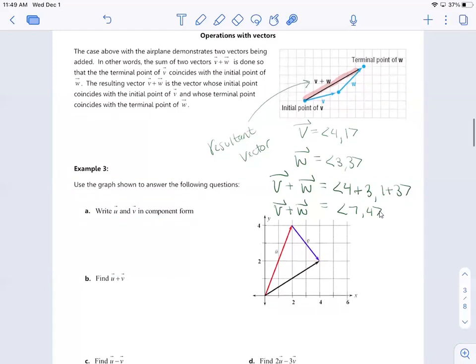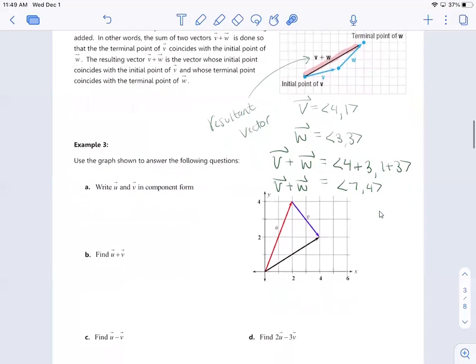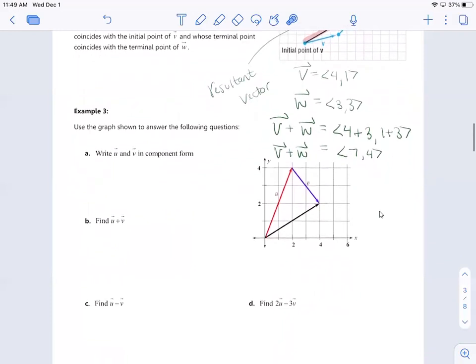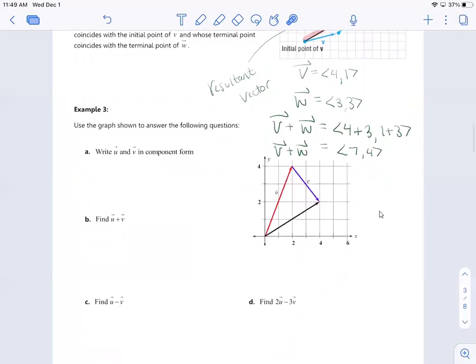So let's continue in example 3, doing some operations with vectors. So here's a visual for your vector u and your vector v. So write u and v in component form. So it's going to be very similar to what we just did. All right, well, u in component form and then v in component form.